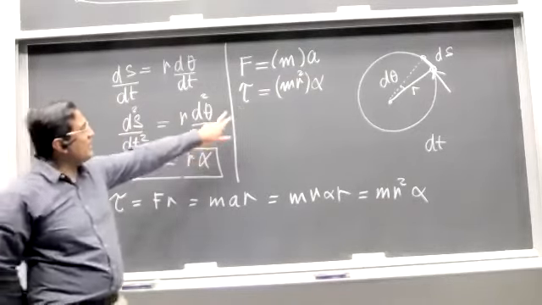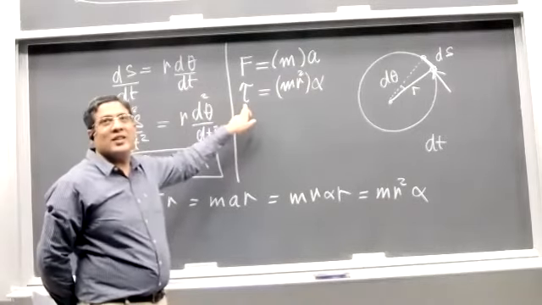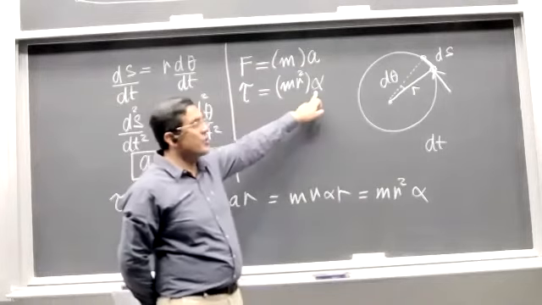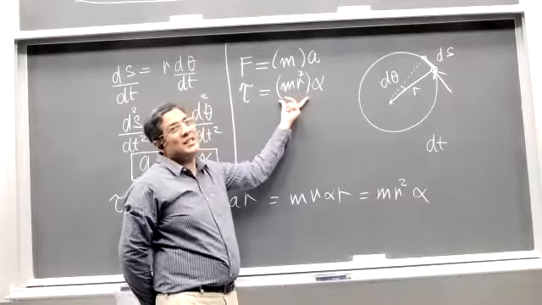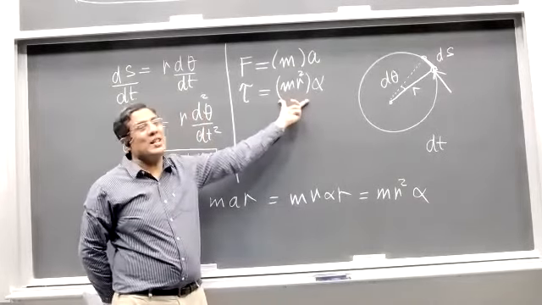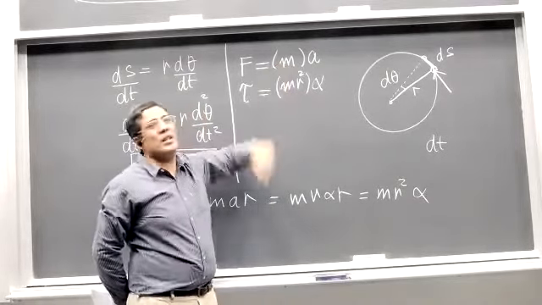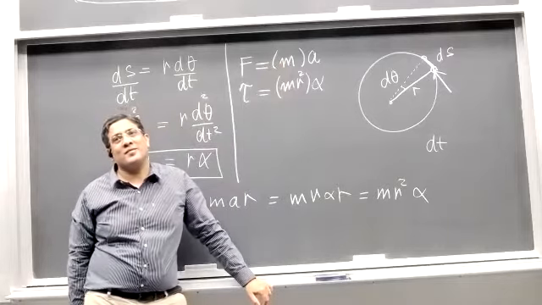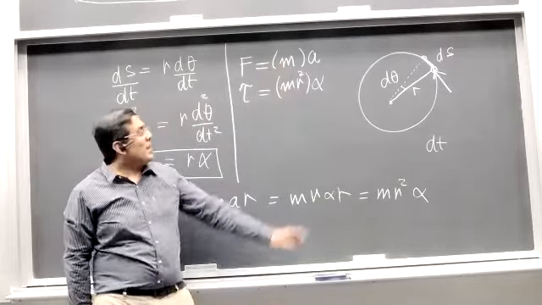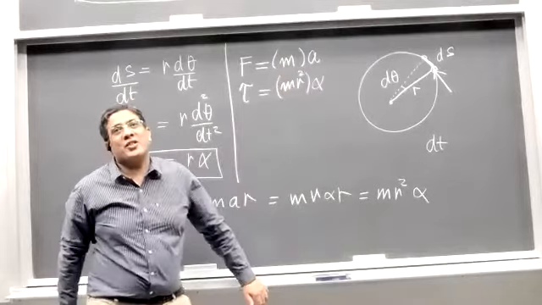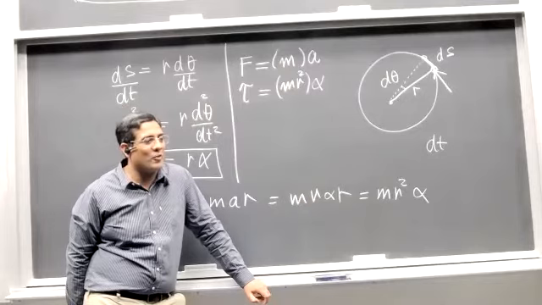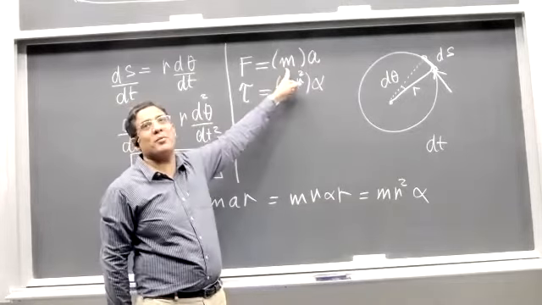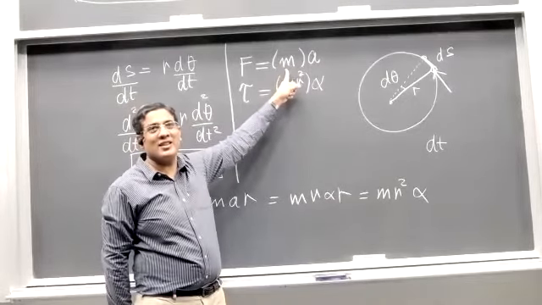So this is the agency, the torque, which produces rotational or angular acceleration. And this quantity here plays the same role which mass plays in Newton's second law. Mass resists translational motion, a change in the state of the object. That's a measure of inertia of a body, right?